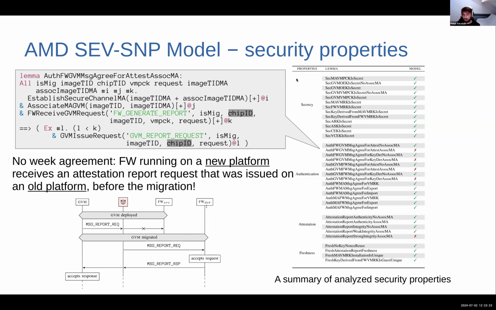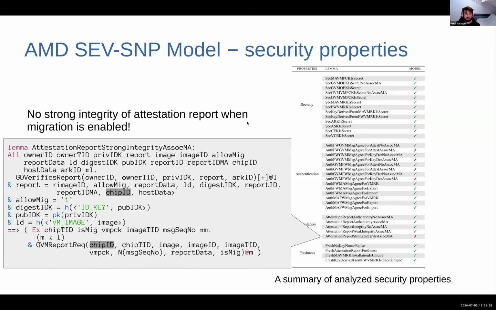Because the previous property doesn't hold, this property also doesn't hold, and it is similar to the previous property that I described. This is strong attestation report integrity. What is different from the previous property is that here, the guest owner verifies the report, and the report says that the guest with the image ID requested this report while it was executing on the platform with the chip ID.